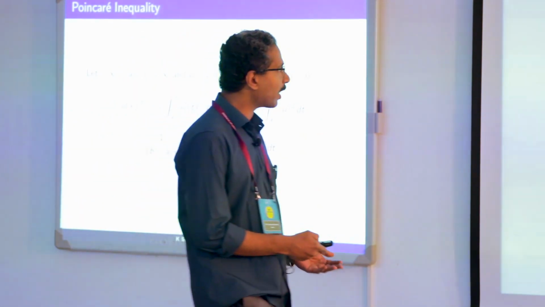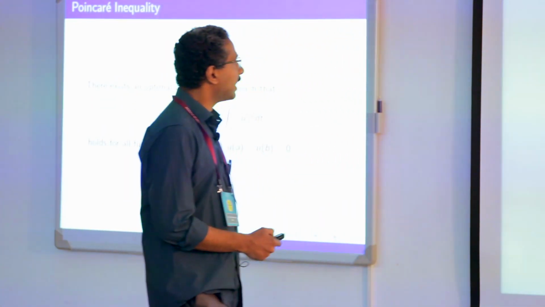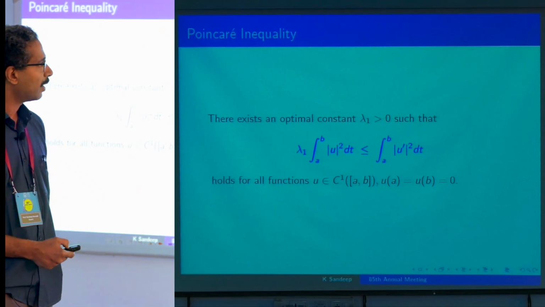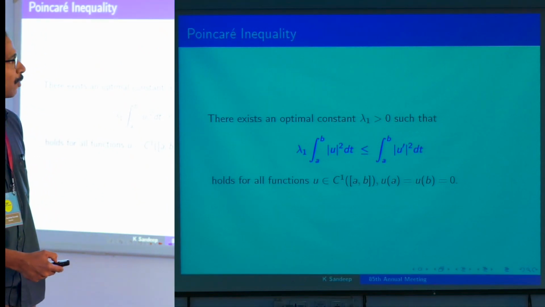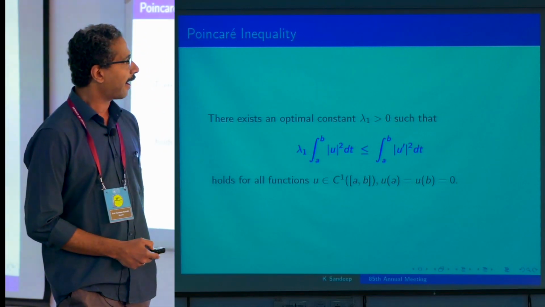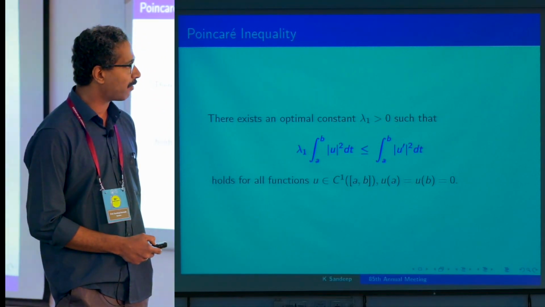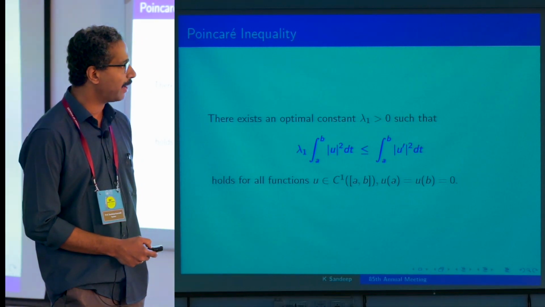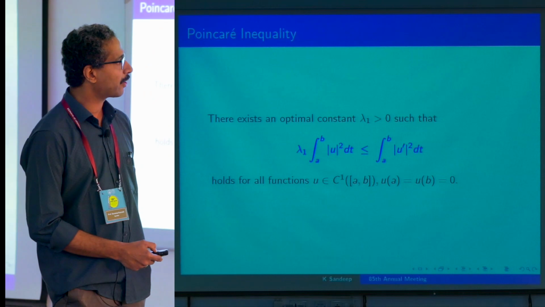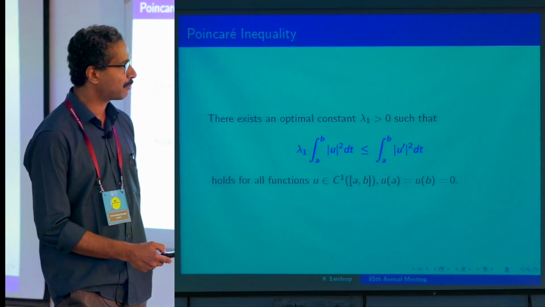Finally, what I can conclude is that there exists an optimal constant lambda 1 greater than 0 such that this kind of inequality holds. Once a and b are fixed, I can get a constant lambda 1; it is going to depend on a and b, such that lambda 1 times the integral from a to b of mod u square is less than or equal to the integral from a to b of u prime square.